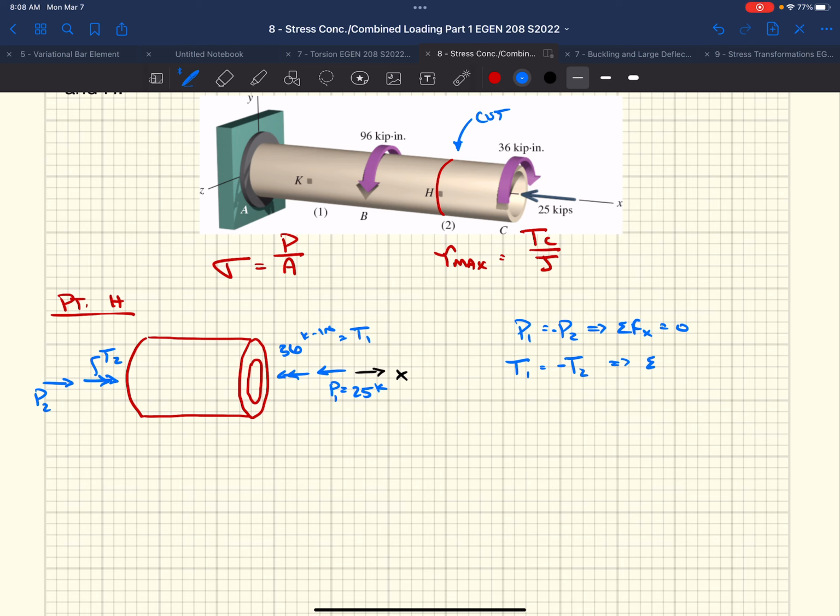We get that from some of the moments about the x equals 0, right? So if we have 36 kip-inches acting to the left, right, along the negative x direction, so it's negative, that's negative 36. That means T2 is 36 kip-inches, right? Positive, if that vector arrow is acting to the right, positive 36.